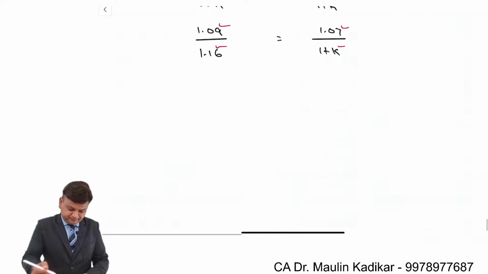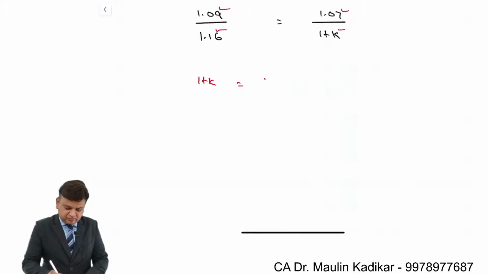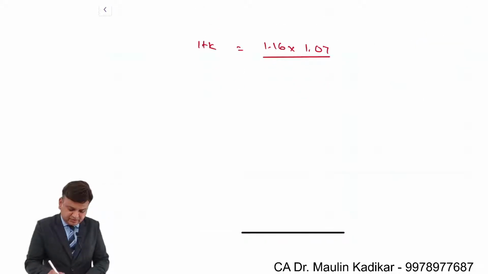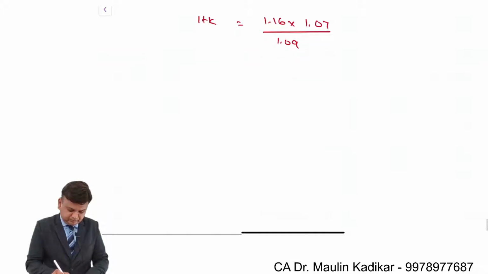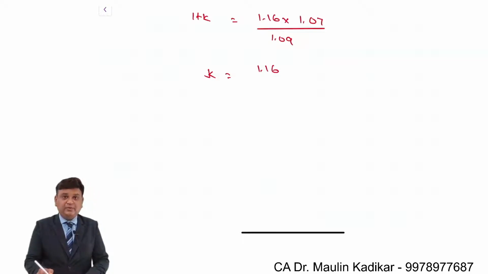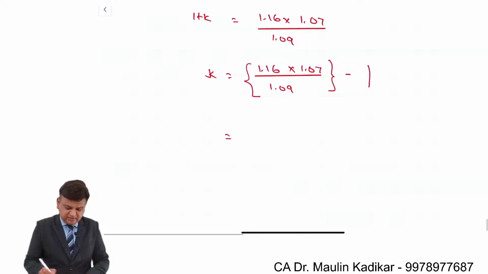Please write down the answer. 1 + K is equal to 1.16 into 1.07 divided by 1.09. So the required rate of return is equal to 1.16 into 1.07 divided by 1.09 minus 1.